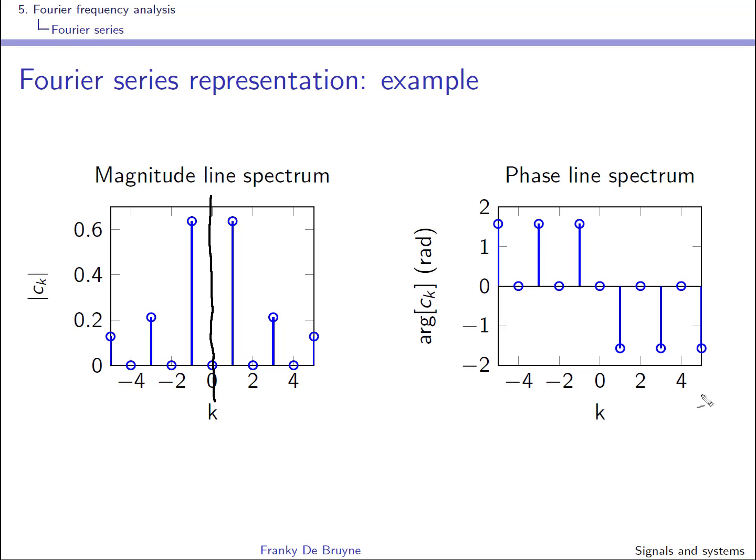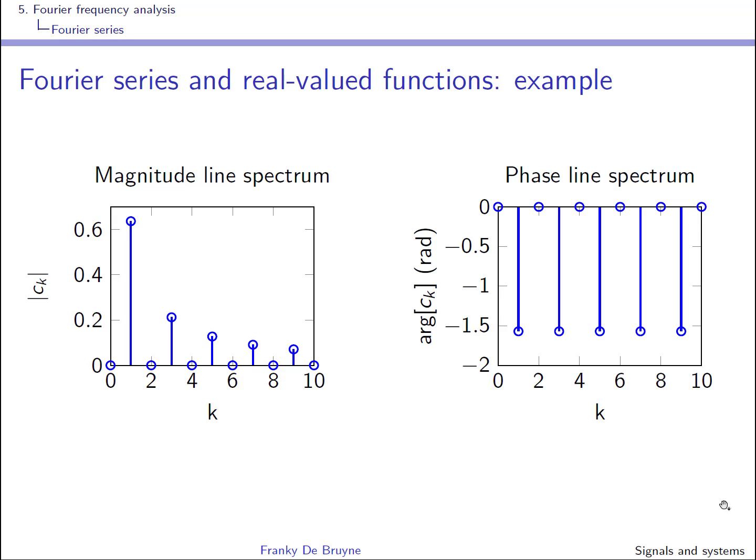So we only need to consider the part of the spectrum when k is larger or equal to 0, right? This is because the function that we've taken in our example is real valued. So this is what we obtain when we only consider the magnitude and phase line spectra for k positive or 0.